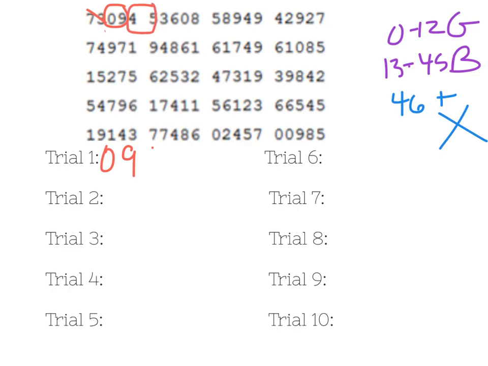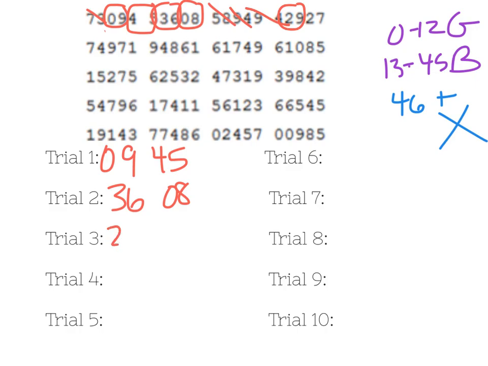I can use 45. I'll mark all these in a minute. I can use 36. I can use 8. I can't use 58 because remember, anything that's 46 and above are not boys or girls, so we're not using them. So anything that's 46 and above, we're going to mark out. I can't use 94. I can use 29. And I can use 27.